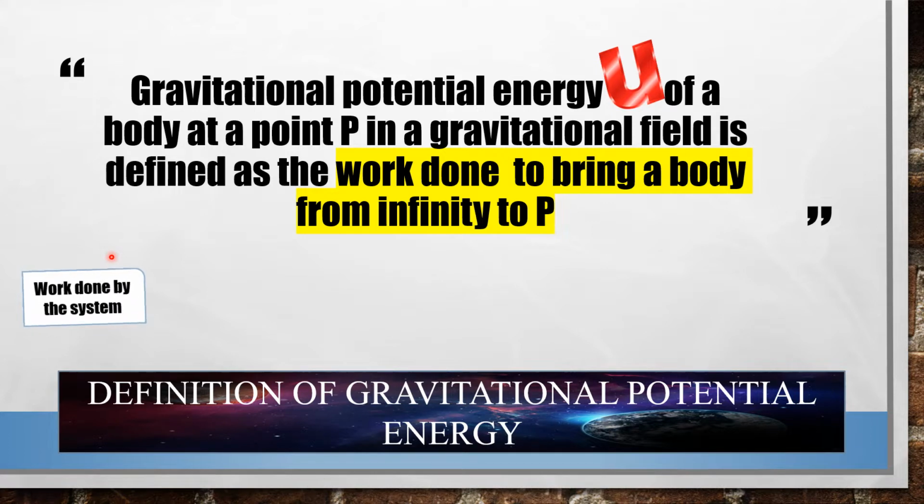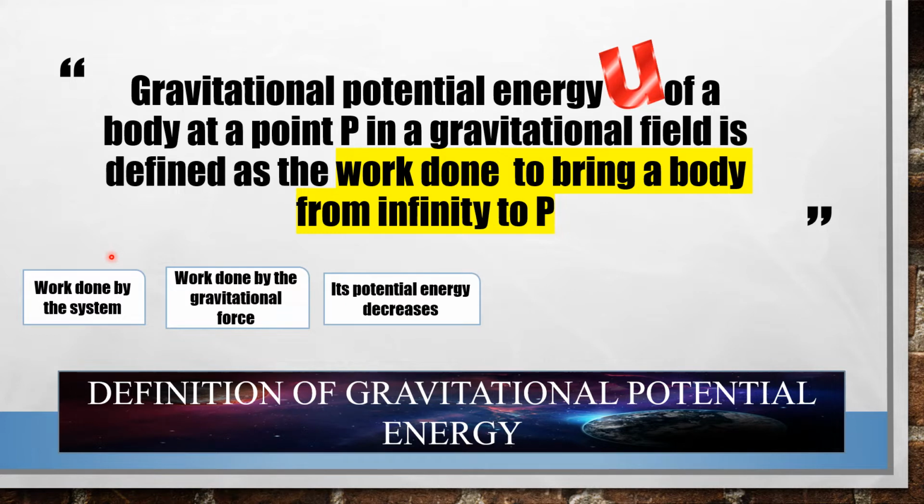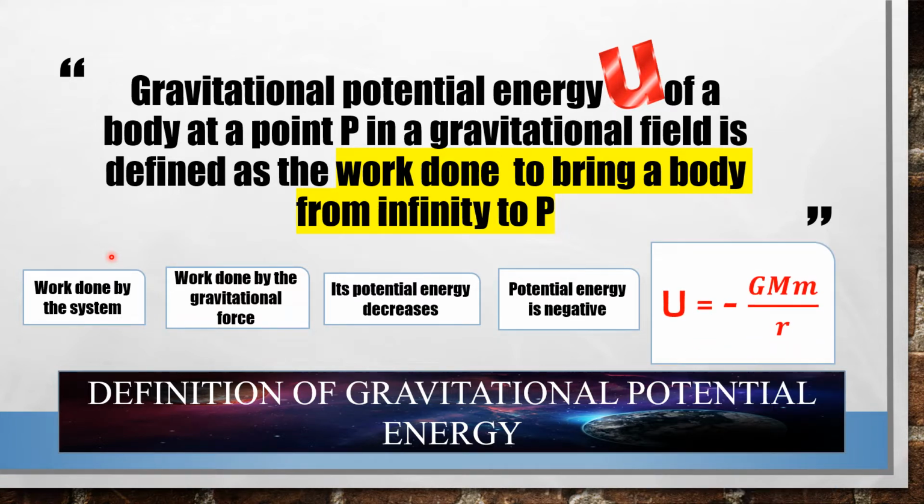When work is done by the system, we can say work is done by the gravitational force. When work is done by the gravitational force, we can say its potential energy decreases by using our work energy theorem. When its potential energy is decreasing, then the potential energy is negative. Therefore, you get your formula U equals negative GMm over R.